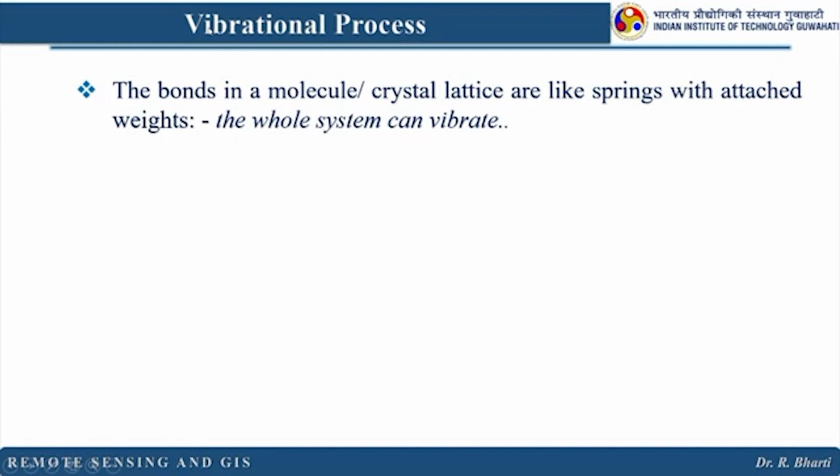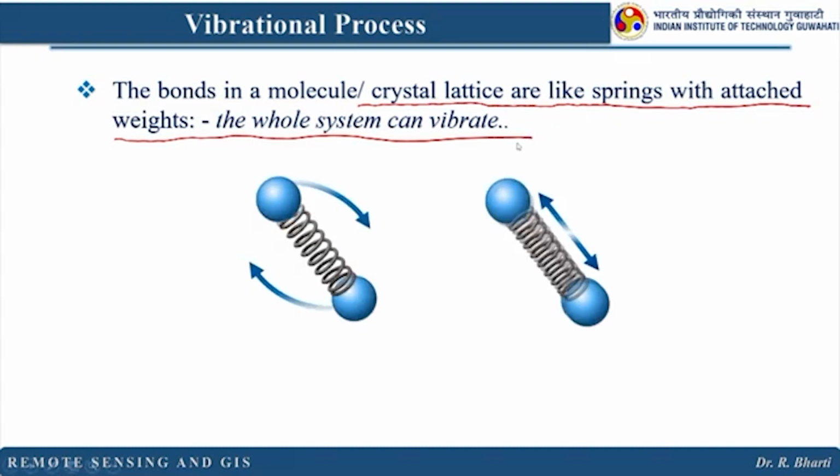Let us see the next part of this process, that is the vibrational process, where we study the molecular bonds, right. The bonds in the molecules or crystal lattice are like a spring with attached weights, and the whole system can vibrate. If you visualize them, it will be like two molecules attached with a spring-like structure and they are vibrating, either in this direction or here also.